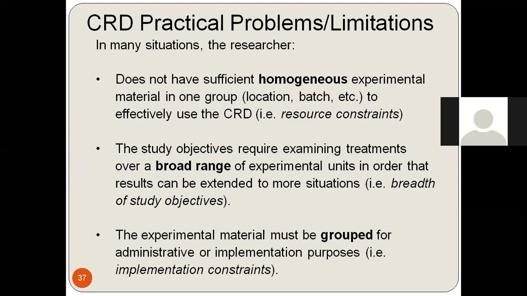Maybe in one group, location, batch, etc., to effectively use the completely randomized design. Or the study objectives require examining treatments over a broad range of experimental units so that the results can be extended to more situations. So that is another aspect.